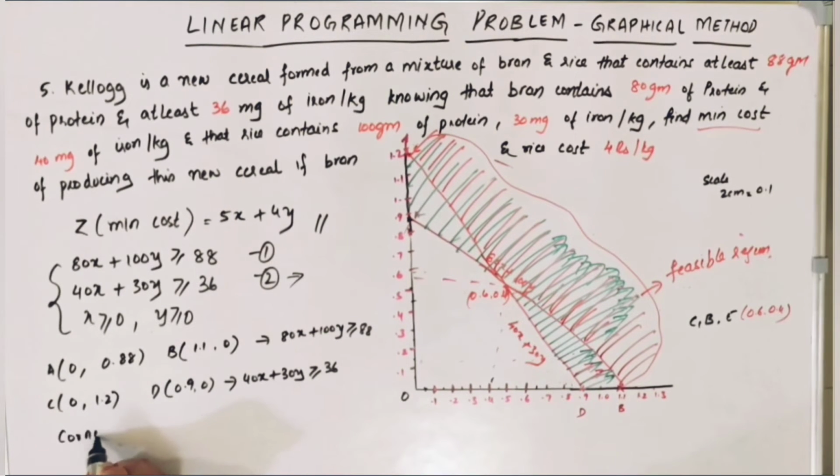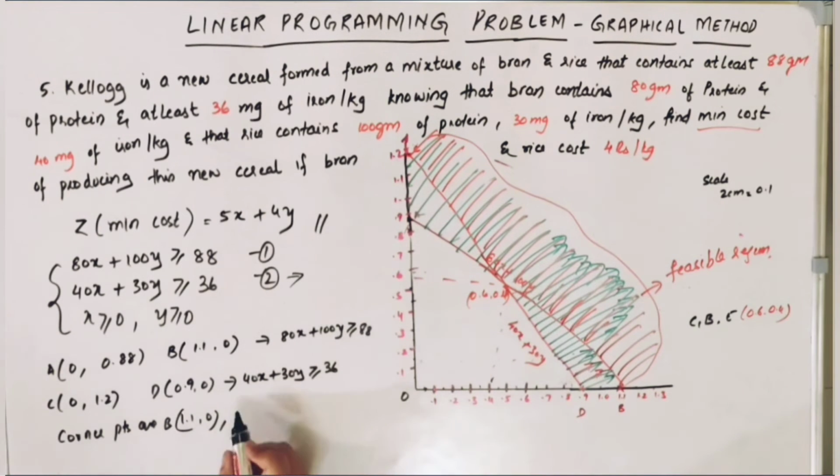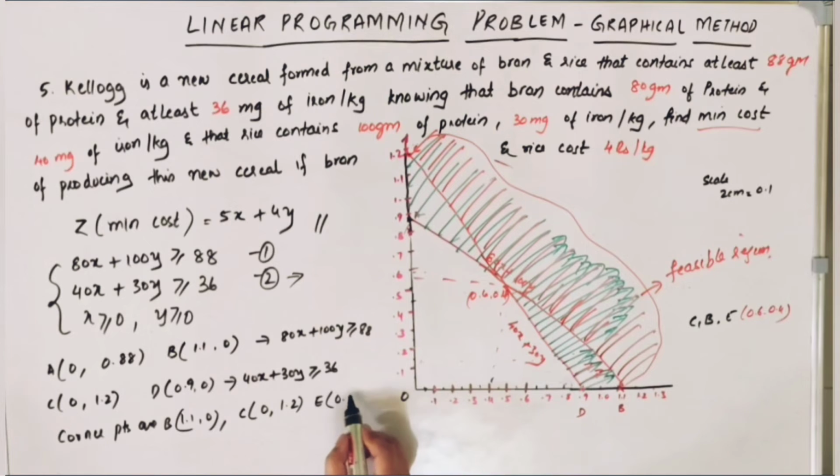So corner points are 1.1 and 0, which is our B, and C, which is 0 and 1.2, and E, which is 0.6 and 0.4. Now, what do we have to do as a next step?